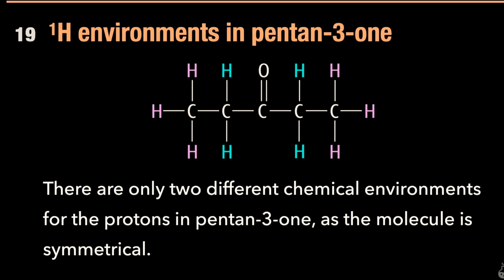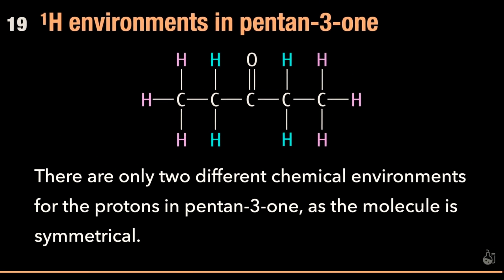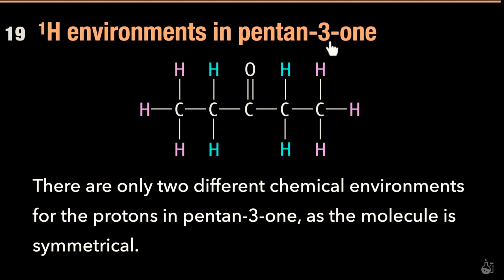Look at this molecule, this is pentan-3-one, guys. I'm sorry, it shifted. Yeah, this is pentan-3-one. Pentan-3-one is actually CH3, CH2, CO, CH2, CH3. I've made CH3, CH2, CO, CH2, CH3.